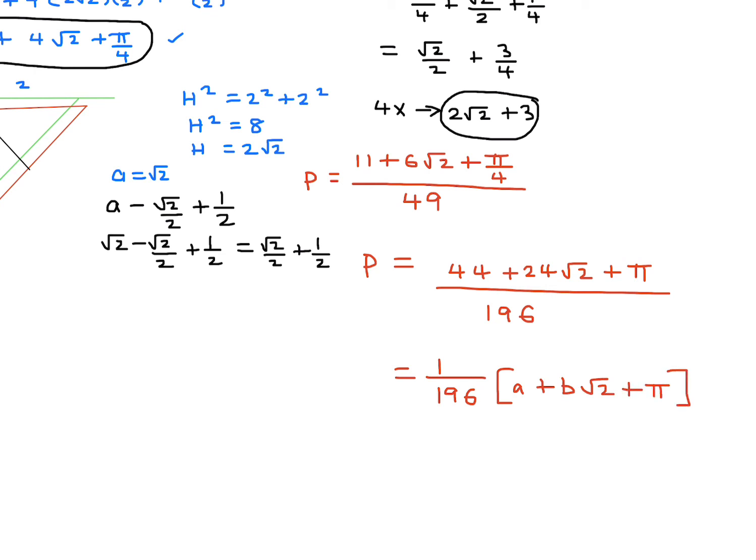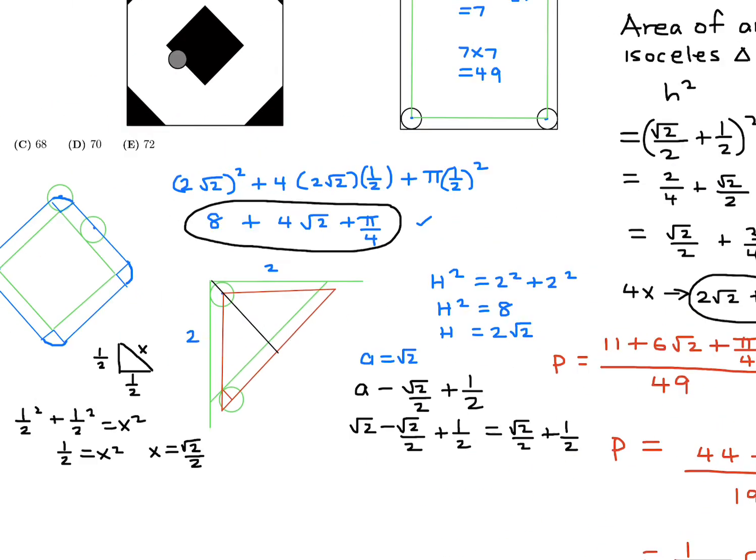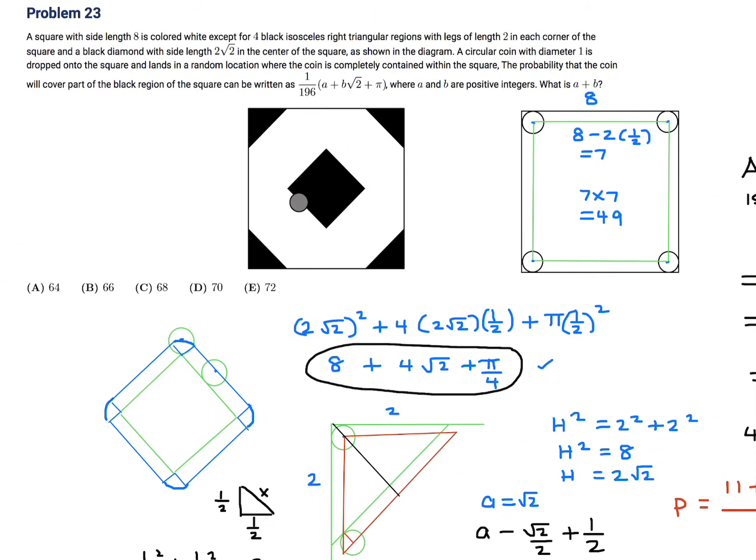So it is indeed in that form. A therefore is 44, b is 24, and finally they want a plus b, so that would be 44 plus 24, and that is 68. 68 for this really nice question. The answer would be C.